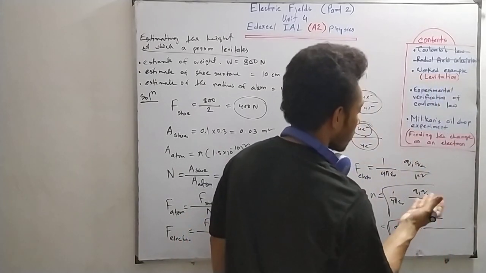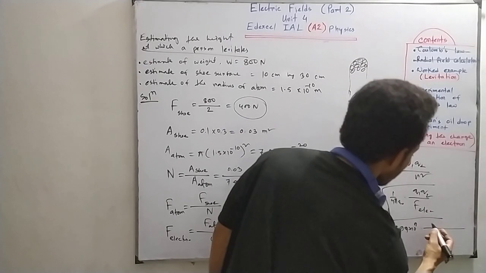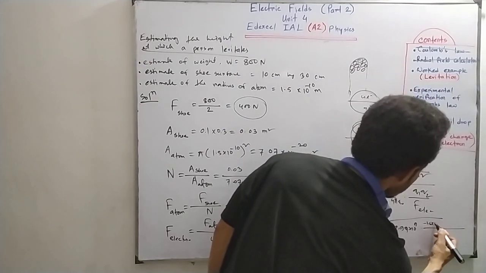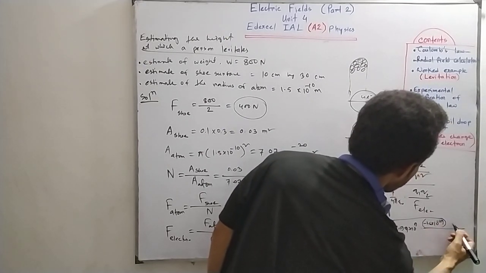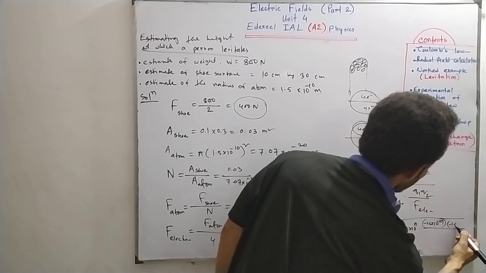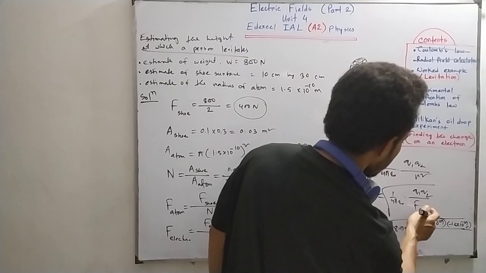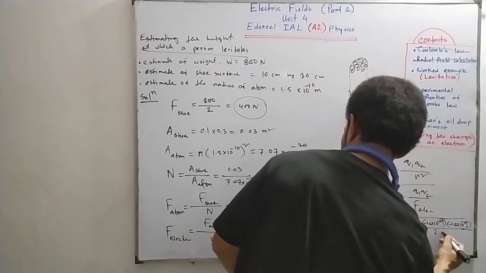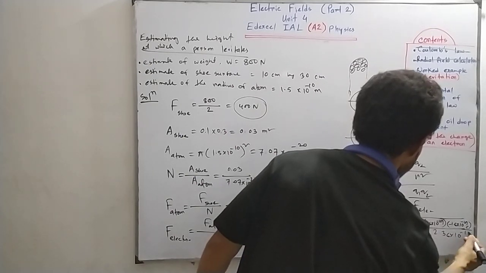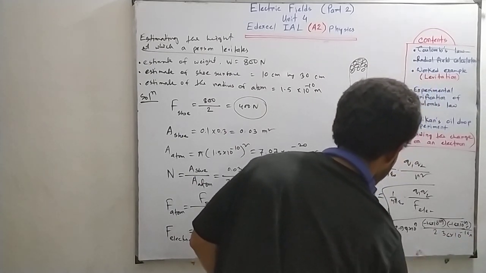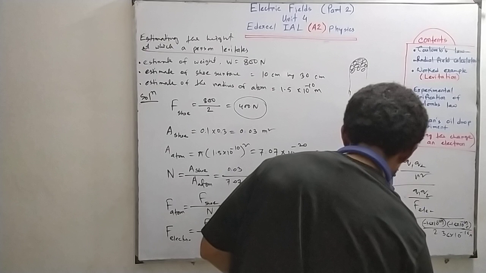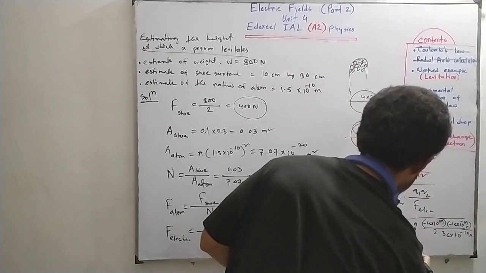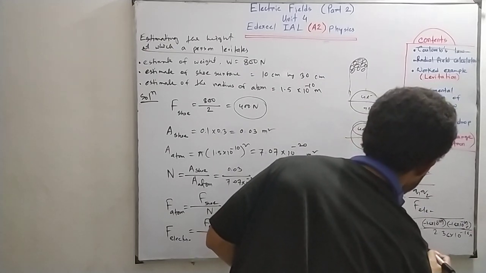Q1 and Q2 are the charges on electrons, so minus 1.6 into 10 to the power minus 19 Coulomb multiplied by minus 1.6 into 10 to the power minus 19 Coulomb, divided by the force supported by 1 electron, that is 2.36 into 10 to the power minus 16 Newton, and you'll have about 9.9 into 10 to the power minus 7 meter.